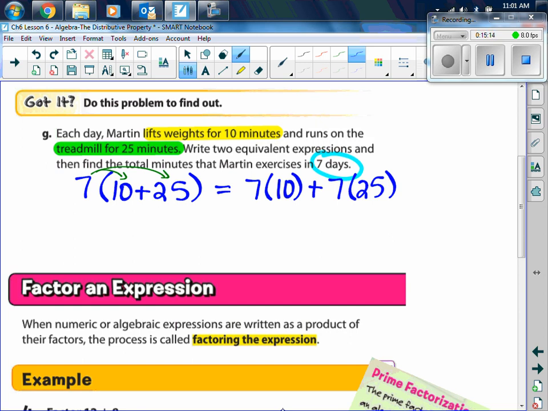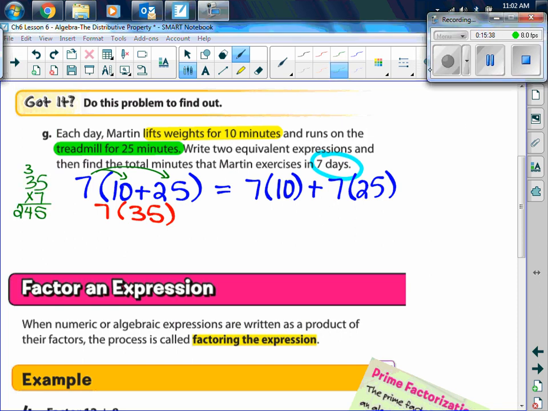Okay? To check it, we'll just use our order of operations. So here, when I check this, 10 plus 25 is 35. And we're going to multiply that times 7. So, 7 times 35 is? 245. So, here, we're going to have 245.